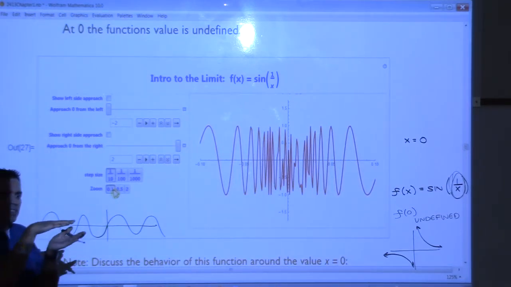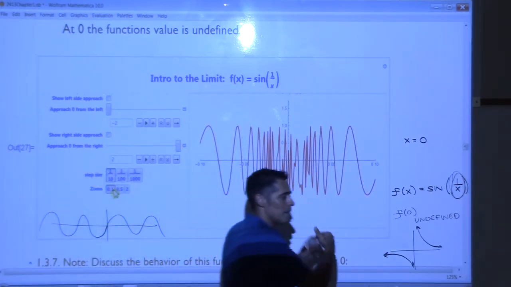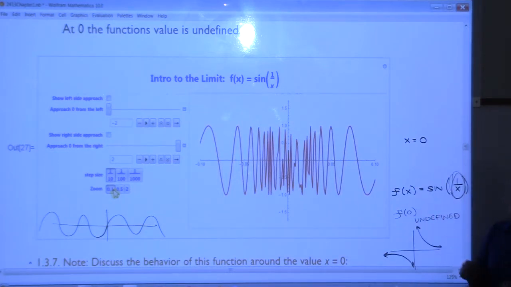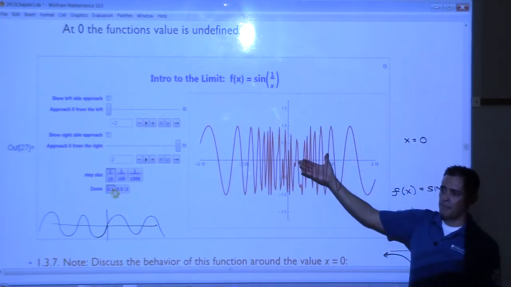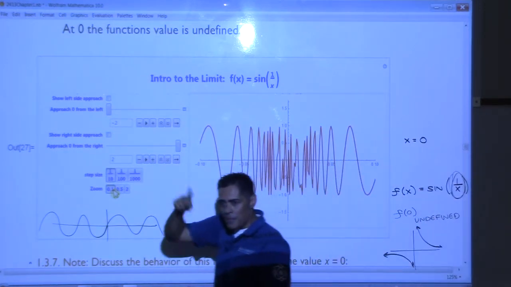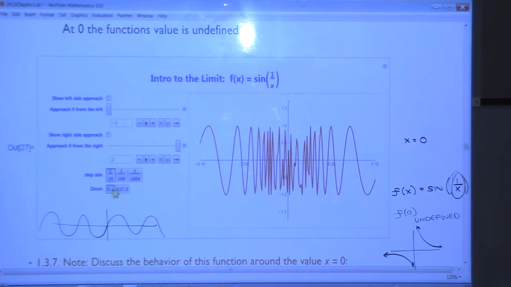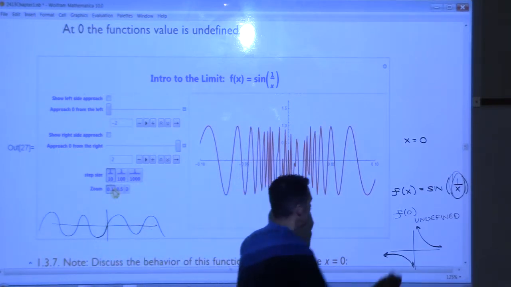And since it never settles down to anything, we will say that from the left, this limit, a terminology we'll use in a minute, does not exist. That will be the answer. And what do you think about from the right? Same thing, right? It's trying to squeeze all these oscillations of sine into this tiny little interval, and it can't do it. This was just more to get you to see that these functions can get somewhat weird.